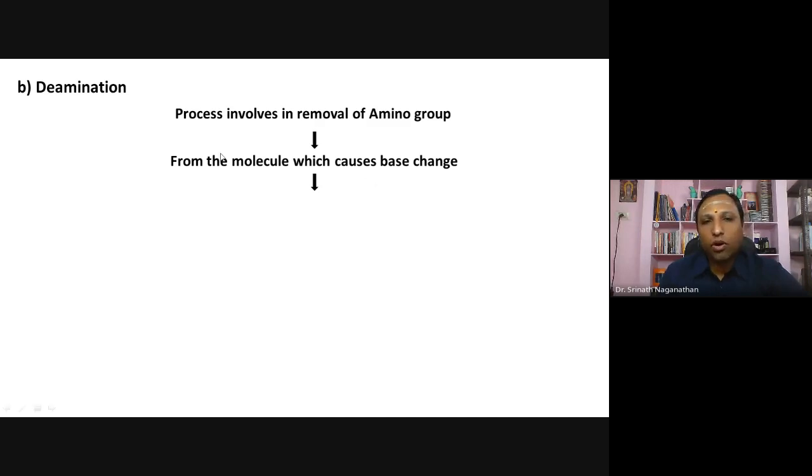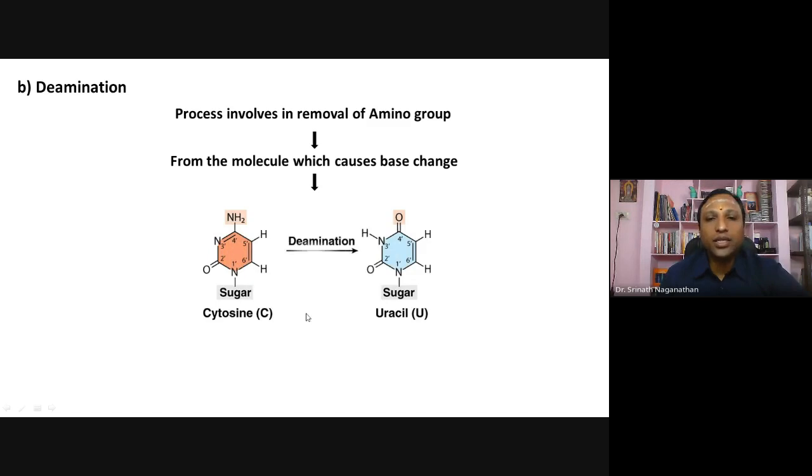So deamination. The process involves the removal of an amino group from the molecule, which causes a base change. You can see here, in cytosine, the sugar is attached, and the amine group is NH2. Because of the deamination process, it has become a carbonyl group, and it has changed from cytosine to uracil.